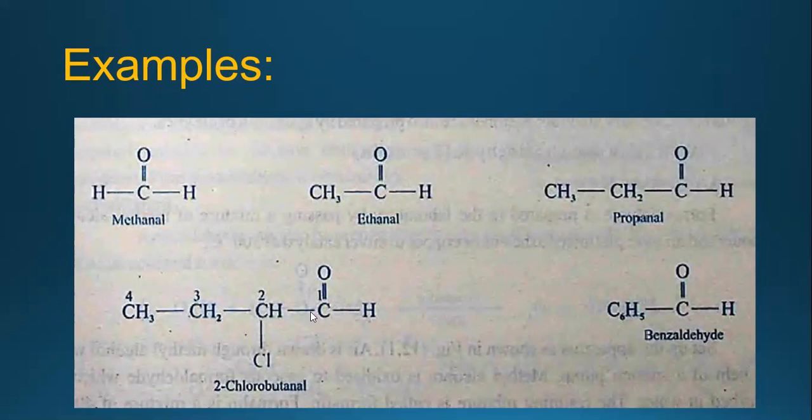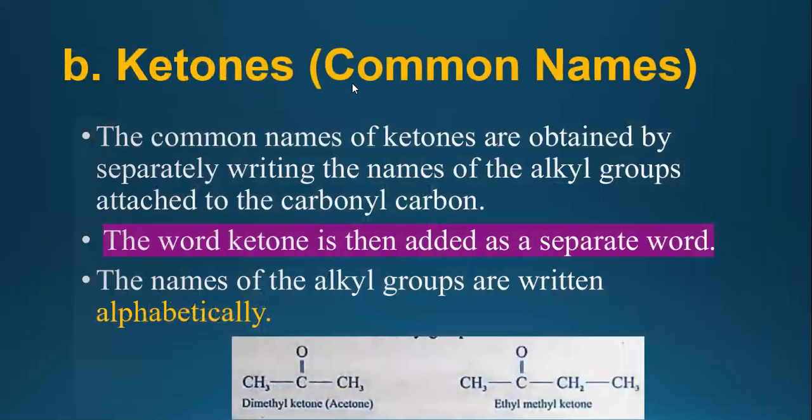This compound has 4 carbons, so the four-carbon name ends with Al. So the final name of this compound is 2-chlorobutanal. And the last one is the aromatic aldehyde, which has the name benzaldehyde.